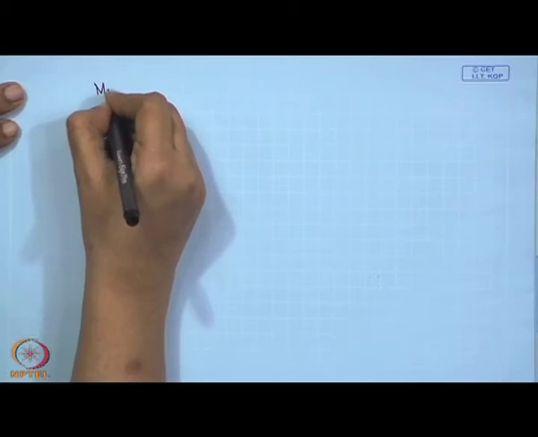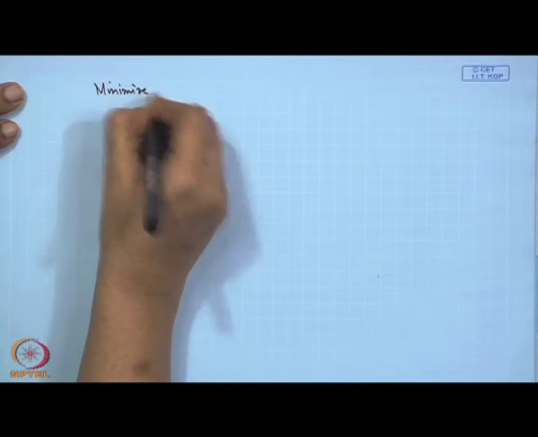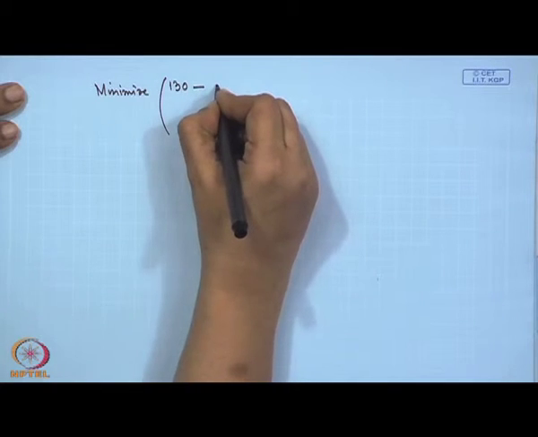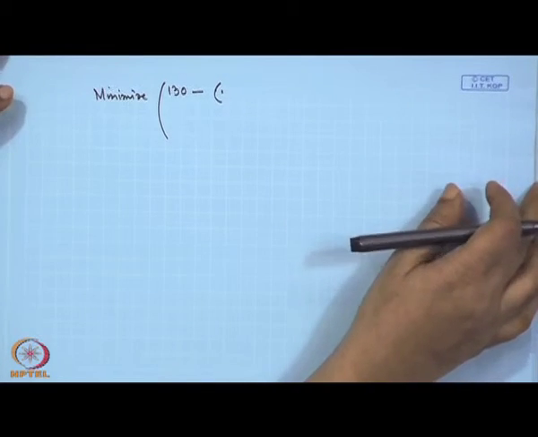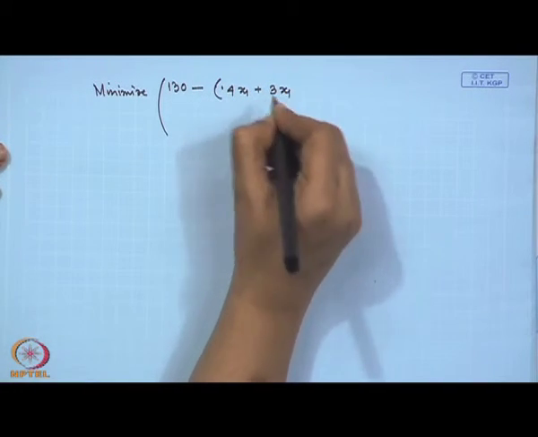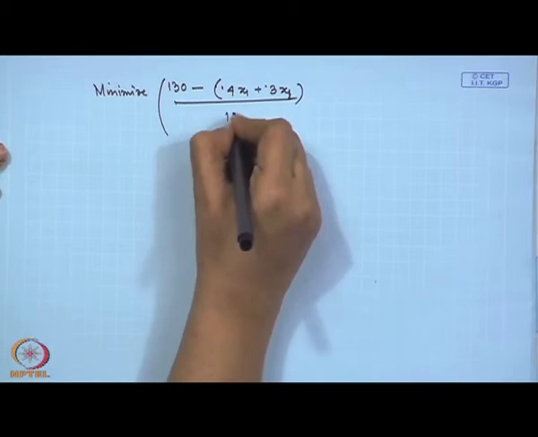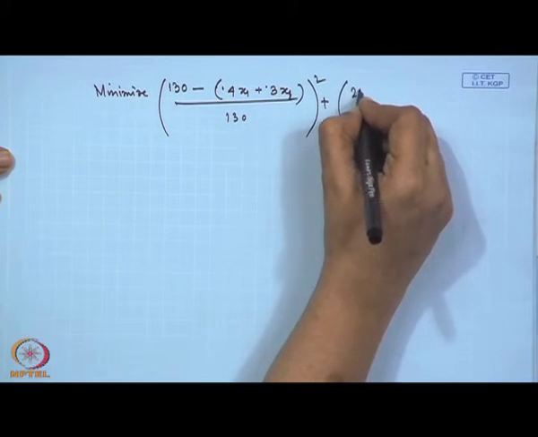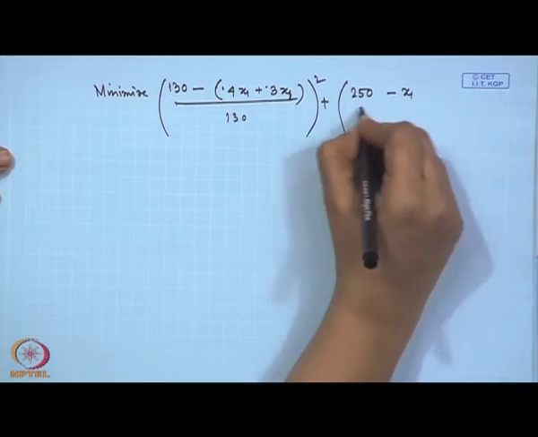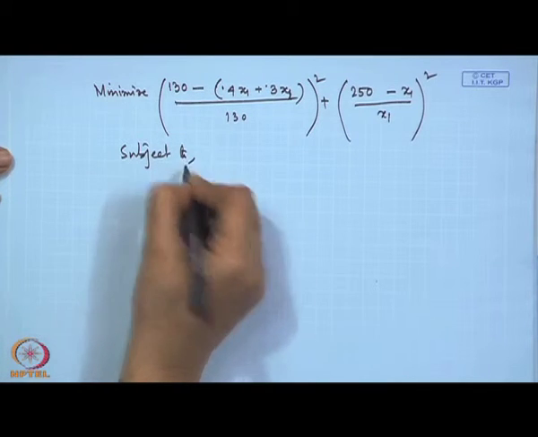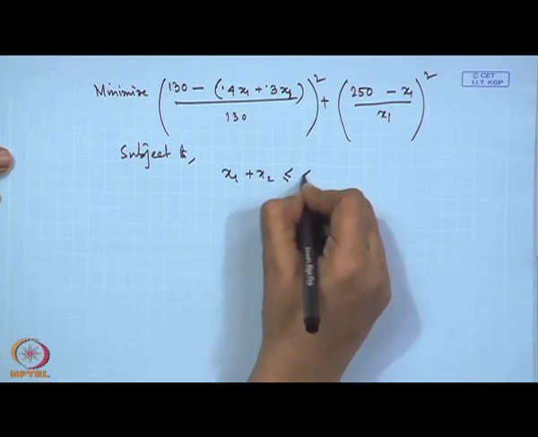Then how to construct the global criterion technique? We are minimizing, if we consider p equal to 2 and without considering 1 by p, then the first term is divided by 130, because that is the optimal value for the first objective function, and the optimum value for the second objective function is 250, minus f2(x), divided by f2 squared, subject to x1 plus x2 less than or equal to 400.